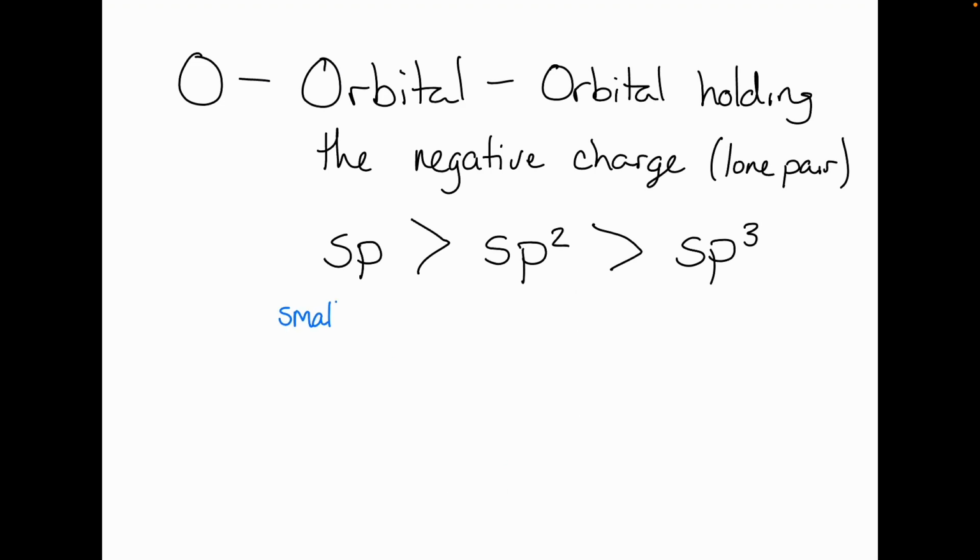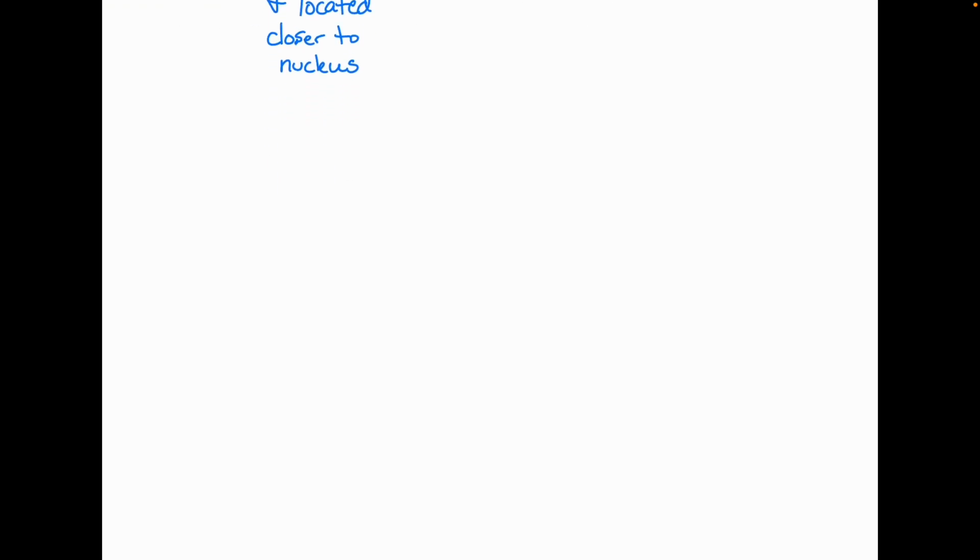And that's just because sp orbitals are smaller and located closer to the nucleus. All right, so they're holding that negative charge closer to that positively charged nucleus. All right, so if we take a look at a few very simple compounds here, this is why we wanted to go ahead and review hybridization.